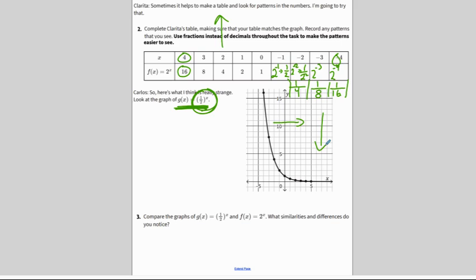And we can actually point that out for our similarities and differences. So one of our differences is that f of x is increasing and g of x is decreasing.